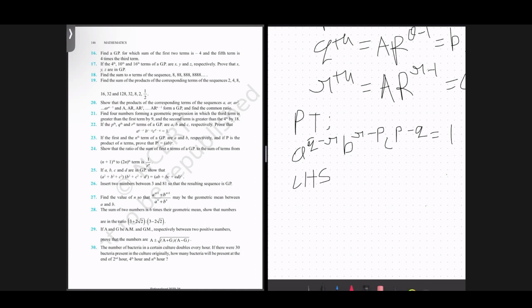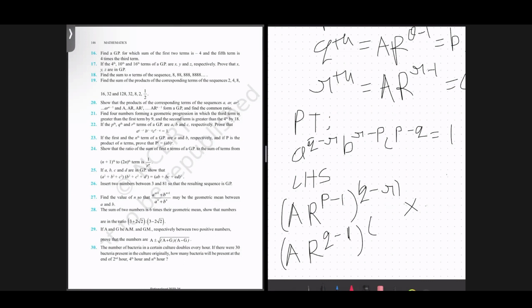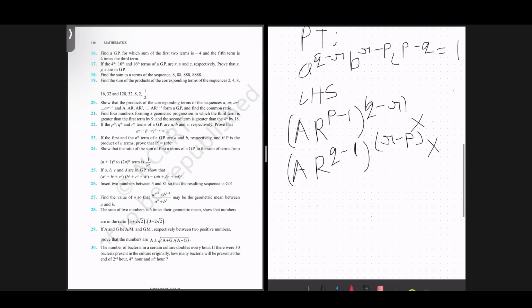So the LHS would then be, substituting the values from above, A R raised to the power p minus 1, all raised to the power q minus r, into b, that is A R raised to the power q minus 1, raised to the power r minus p, into c, that is A R raised to the power r minus 1, raised to the power p minus q.